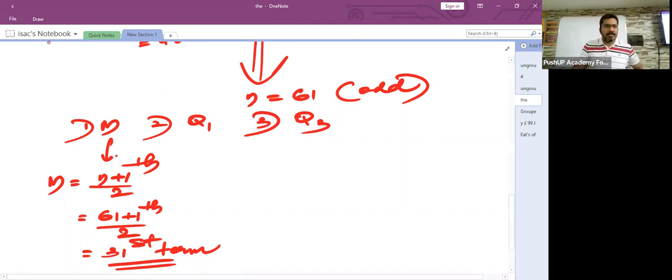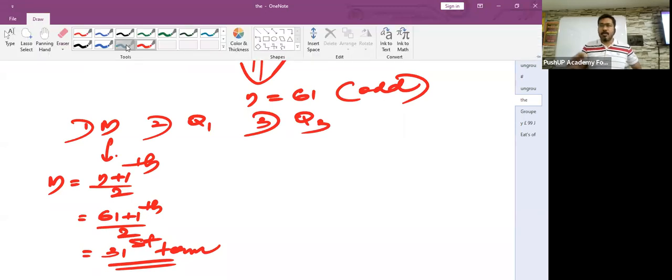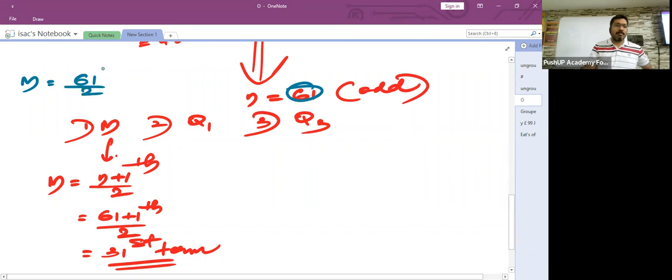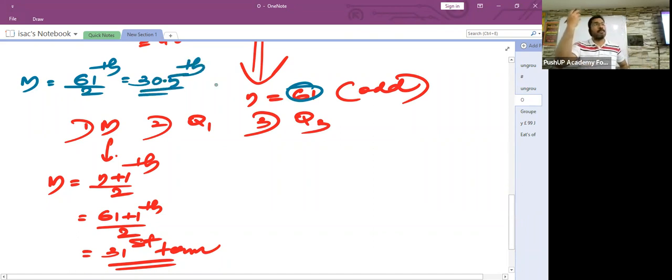You know how I learned this topic? The number of terms I saw, odd, 61, isn't it? So if I am asked to find the median value, definitely I'm not going to do 61 by 2 th term, isn't it? Which will give me 30.5th term. Wow.